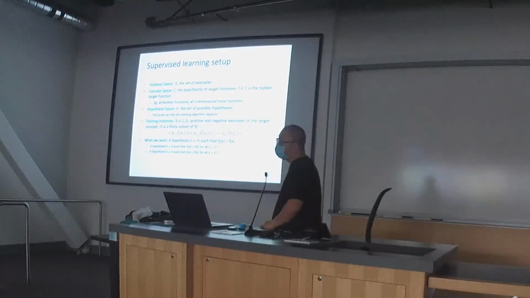There are two possible cases. First, for all the training instances, I want the prediction made by the hypothesis to be the same as the prediction made by the target function. That means I want my learned hypothesis to fit the training data well.